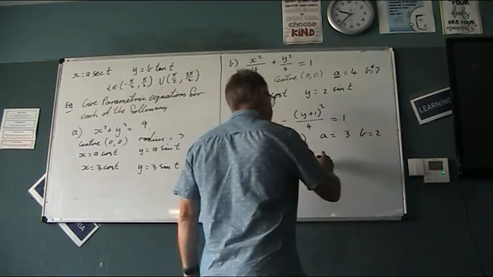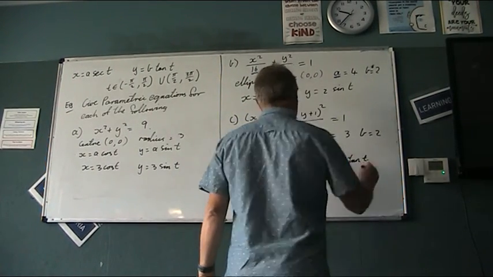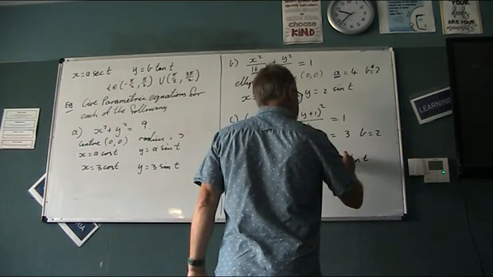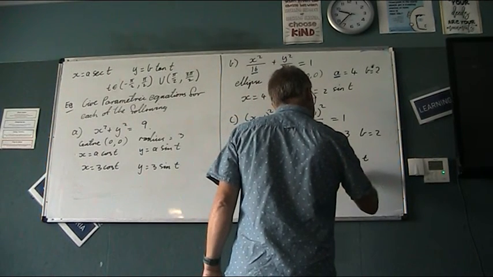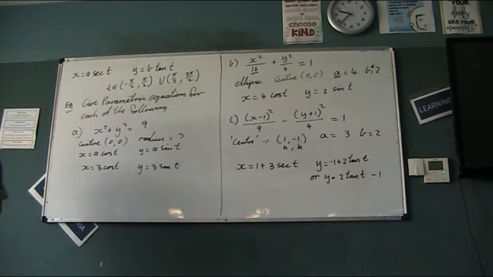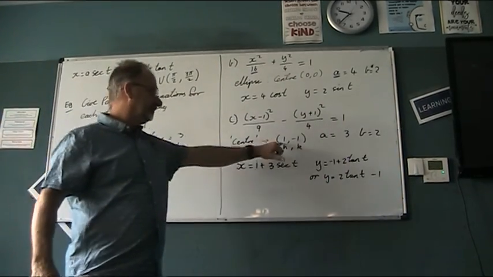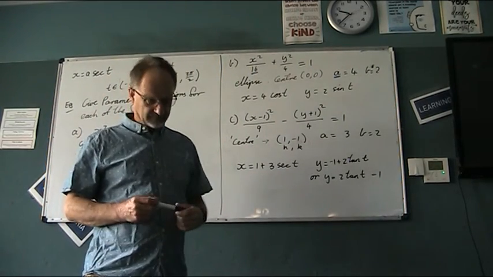And so for the y, that's got to be 2 tan t, and you might have it as minus 1 plus, or 2 tan t minus 1. Alright, so originally in those notes when I put those parametric equations, I didn't put that translation of the centre in there. But it's pretty straightforward how it goes in. Just goes in straight away.